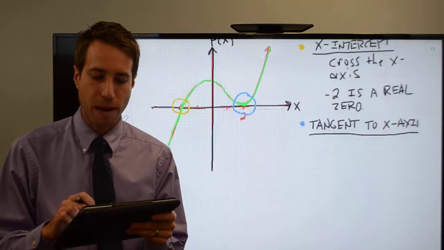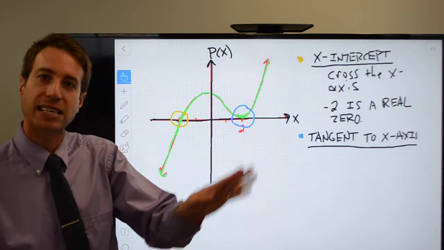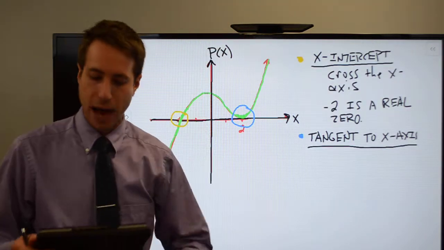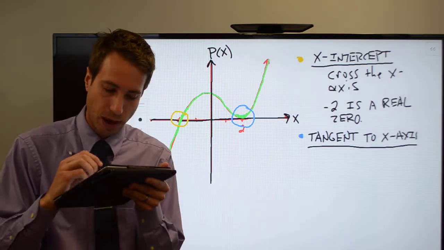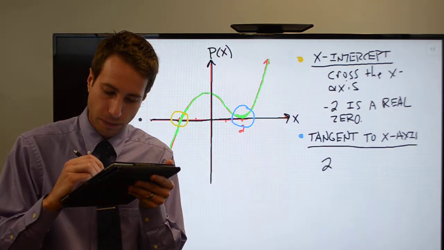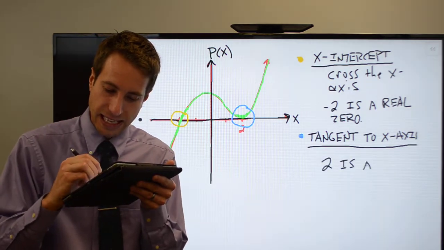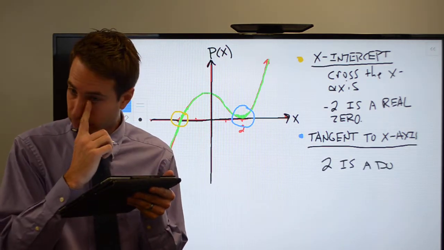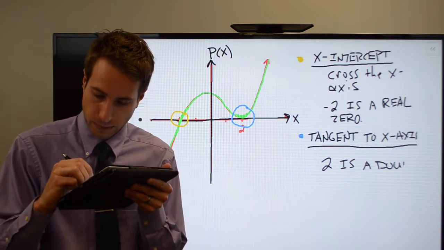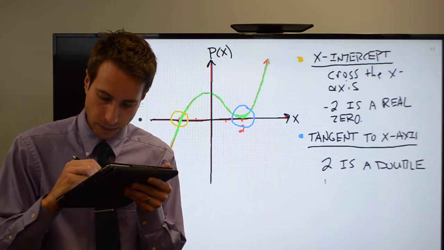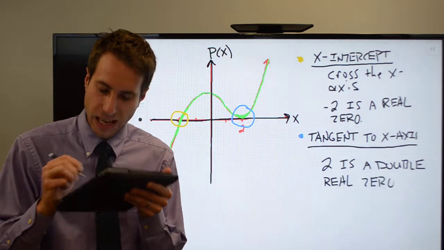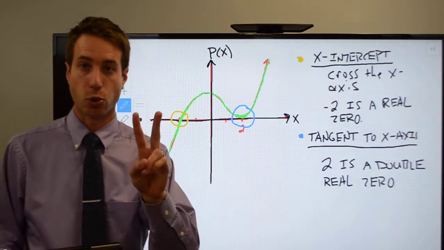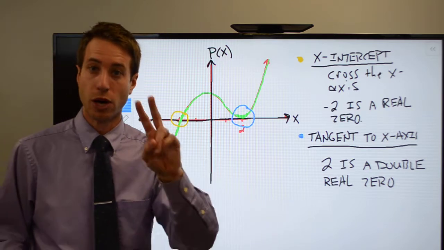Again, you just have to remember that if you come down and touch the x-axis and then go back the direction you came without crossing, what that means for us on our graph, since that's at x equals +2, is that 2 is a double real 0. That just means it counts twice, right? You count that 0 twice.